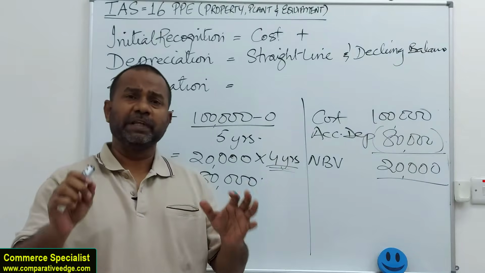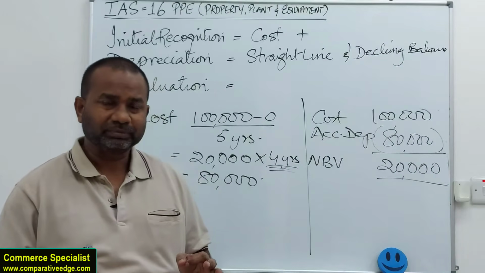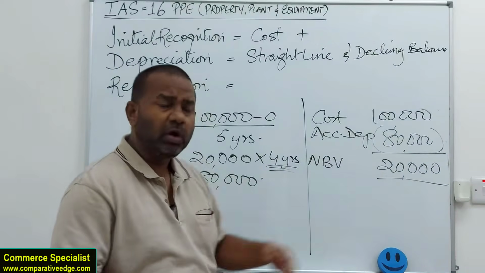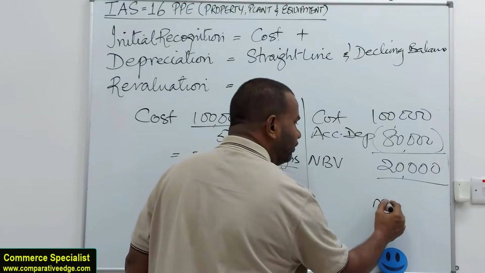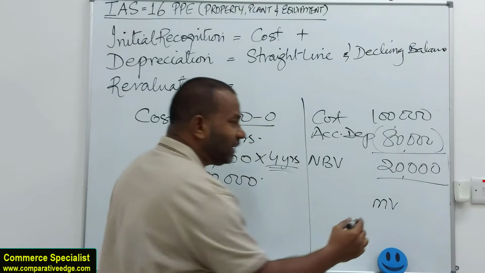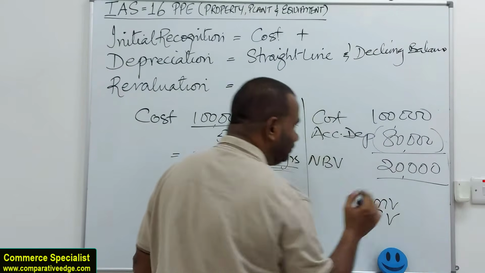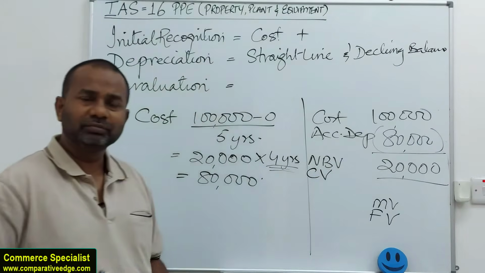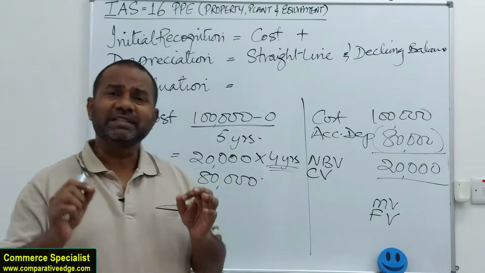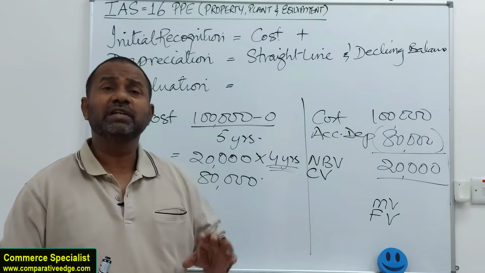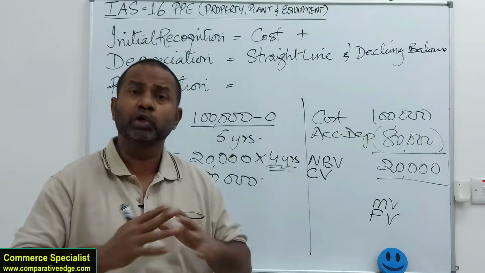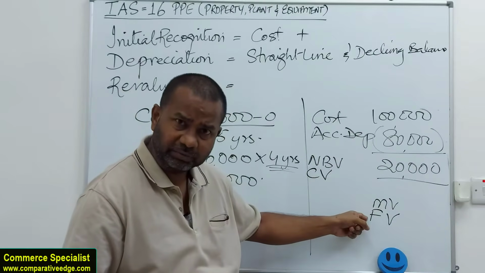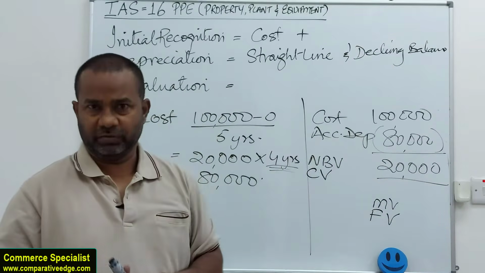Now, ladies and gentlemen, please pay attention here. The net book value of the asset is 20,000. What about the market value, which we call fair value? And this net book value is also known as carrying value. IAS 16 says if there is a significant difference, a huge difference between the net book value and the market value, the asset should be revalued.